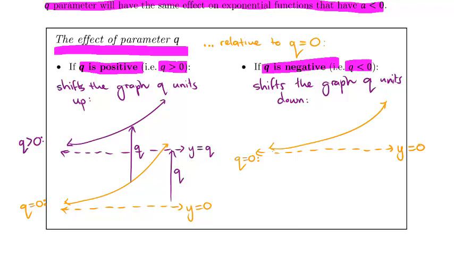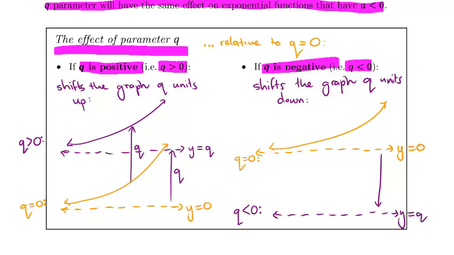Then, if we suddenly made q less than naught, what would happen is that the whole asymptote would shift q units down to become the equation y equals q. Yes, y equals q, not negative q, guys.